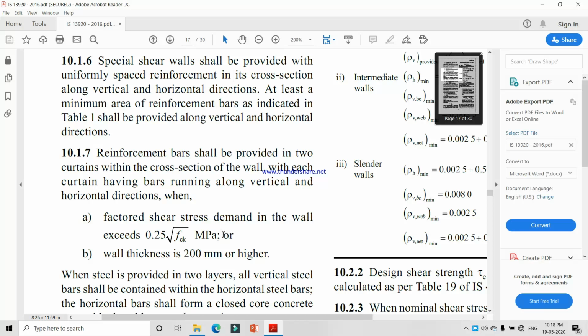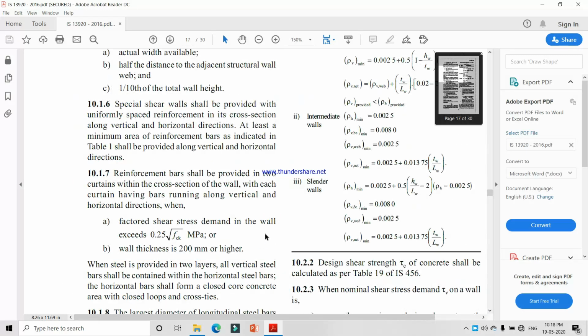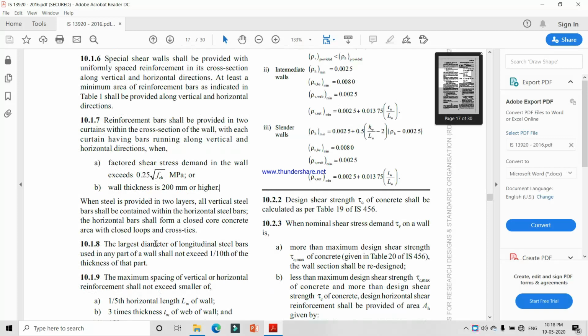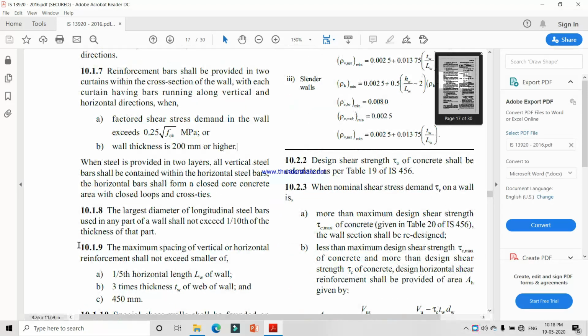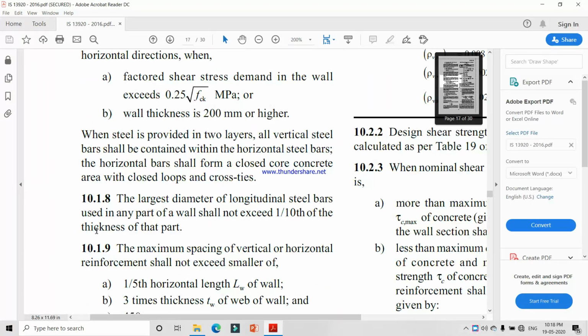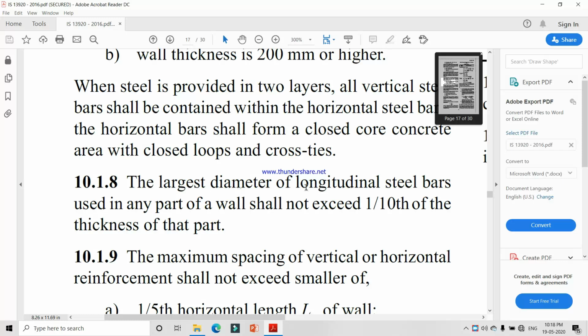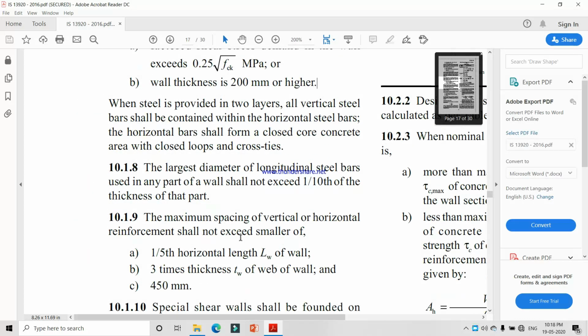These apply if the factored shear stress demand in the wall exceeds 0.25 root fck, or the wall thickness is 200 mm. The largest diameter of the longitudinal steel bar used in special shear wall should not exceed 1/10 of the thickness of the wall.